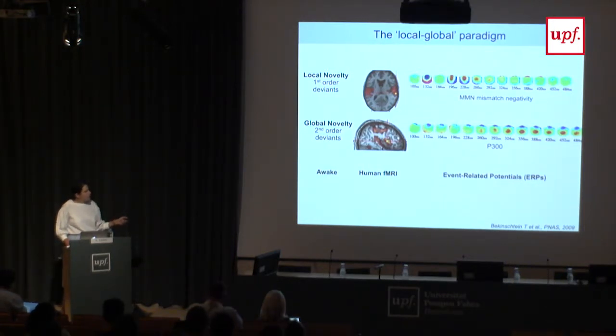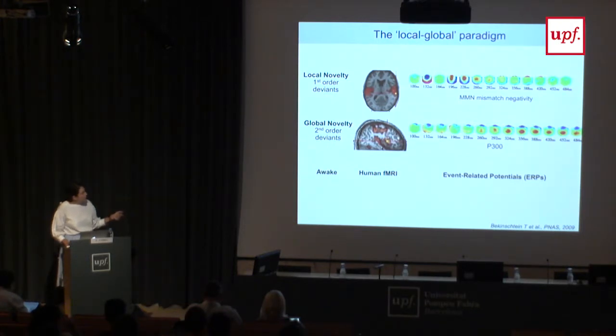On the ERP, it gives you what is called the mismatch negativity, and what corresponds to this in fMRI studies is an activation of the auditory pathway. What you see there is the auditory cortex, but you can activate the whole auditory pathway. So the detection of this unexpected sound is happening in the auditory pathway.